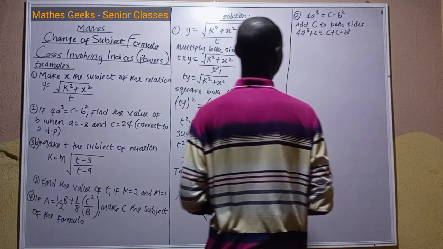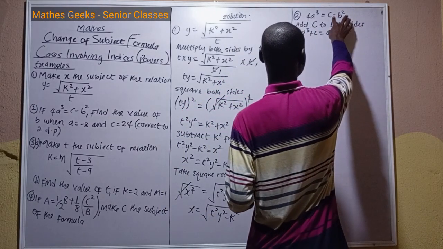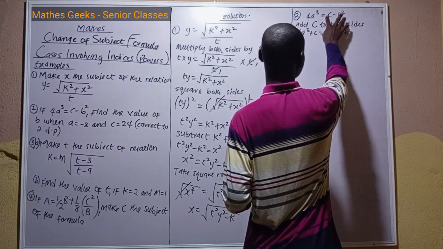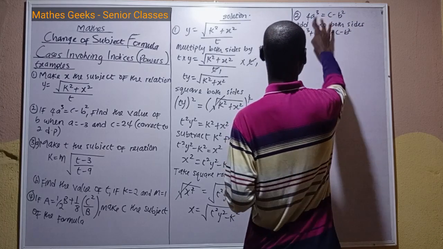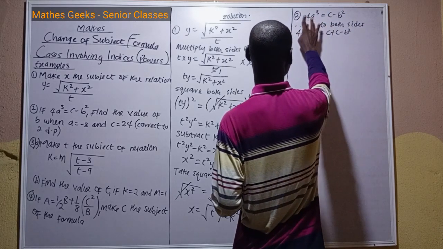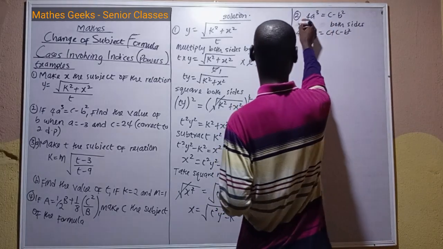Oh, I'm not going to add c to this. I'm going to subtract c from the side because c on here is positive. This is c minus b squared. So c is positive, so I'm going to do subtraction instead.